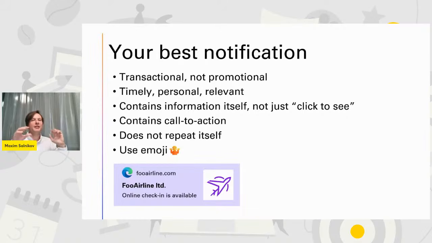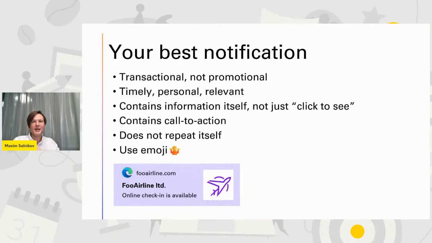Let's imagine that we are a company that is building a website for some airline. Actually, I don't know if this kind of fooairline.com domain exists or not. Anyway, we are a company that wants to send a notification to a person who bought a flight ticket, and it's time now for them to check in.